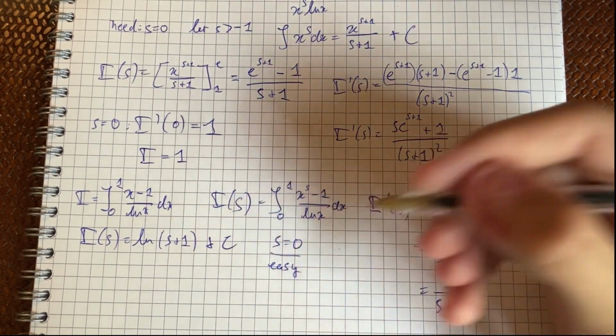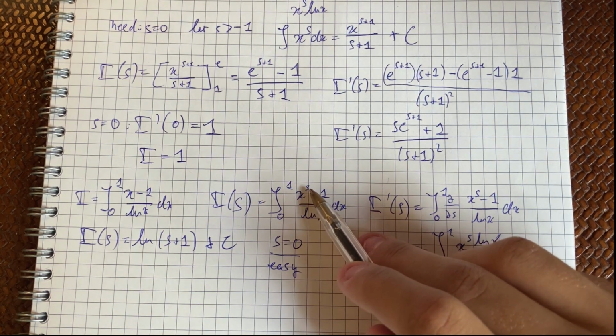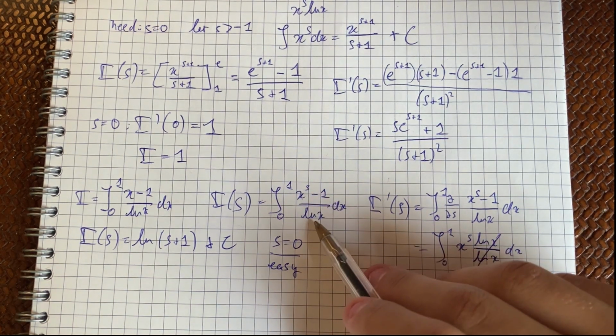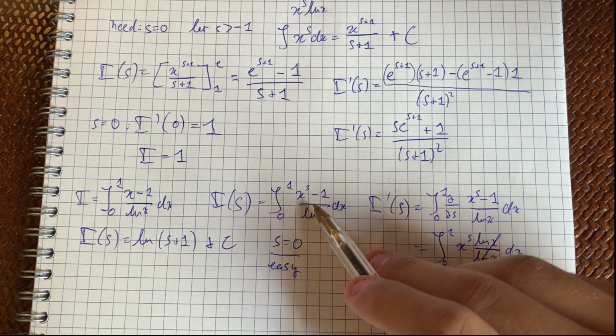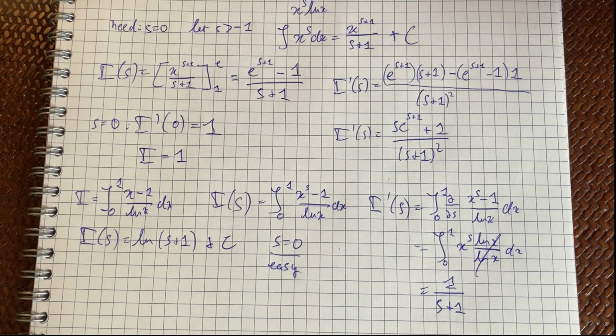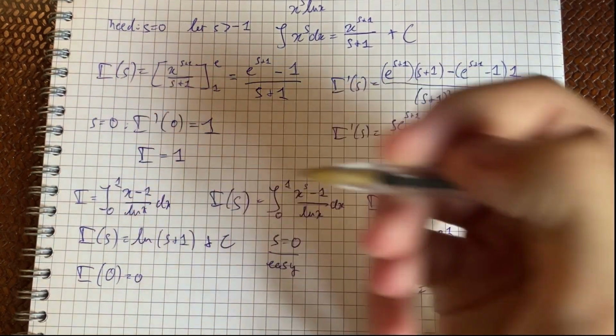Because in that way, we have x to the 0th power, which is 1, so 1 minus 1 by log x, which is 0. Which means that we're integrating 0 over the segment 0, 1, which is of course 0. So I of 0 equals 0.